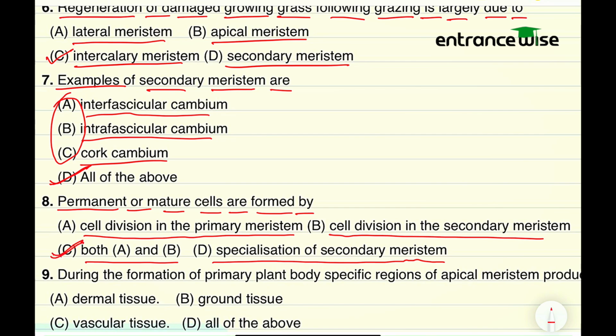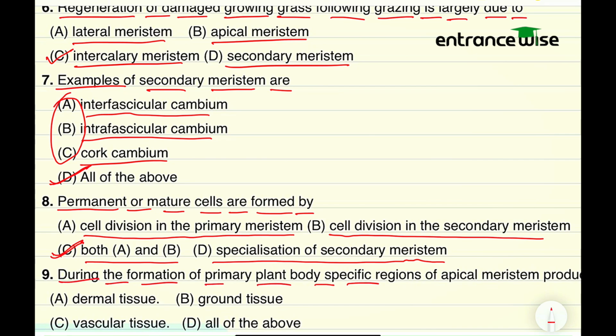Yeah, if you guys have answered option C, then it will be option C. Because cell division in the primary meristem will also produce mature tissues later on, and cell division in the secondary meristem will also produce mature tissues later on.